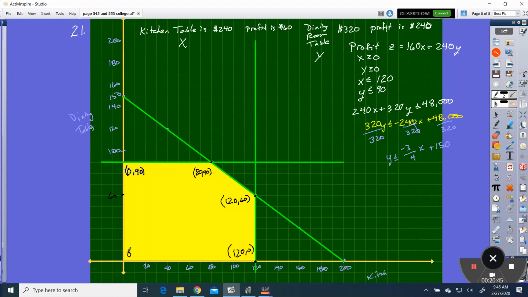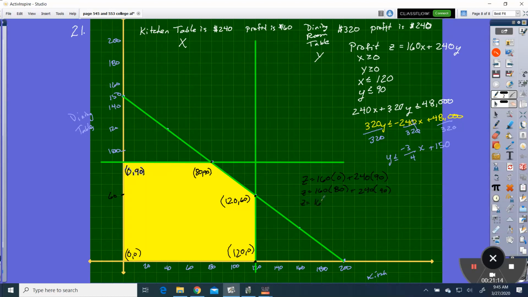And of course we have 0, 0, which we're trying to maximize this profit. So we're not going to use 0, 0. That's going to be a minimum. So I'm not even going to worry about that one. So I'm going to have z equals 160 times 0 plus 240 times 90. That's the first vertex. Z equals 160 times 80 plus 240 times 90.